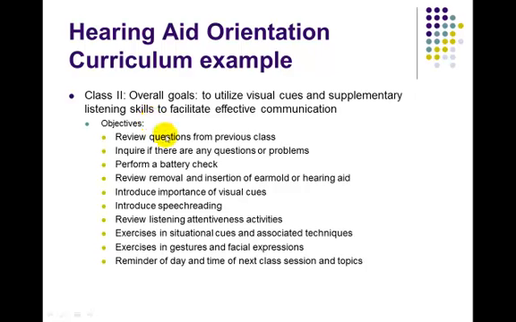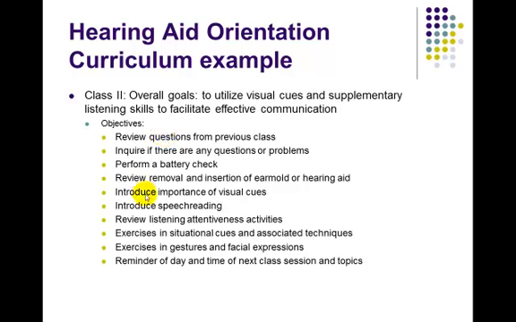A hearing aid orientation group is just a little bit different than what you'll be setting up for your oral rehabilitation sessions. The hearing aid orientation group isn't just going to talk about hearing aids, it's going to talk about a lot of other things.